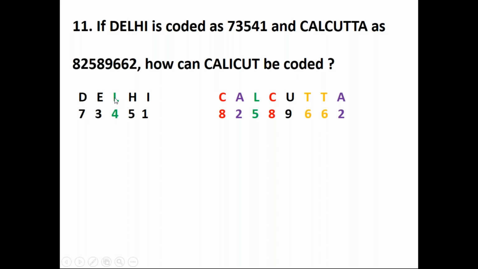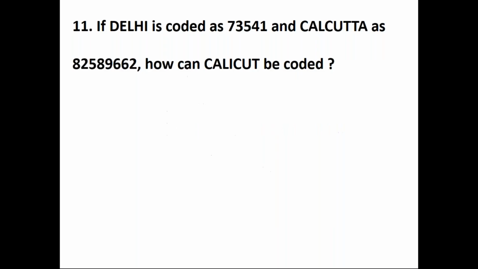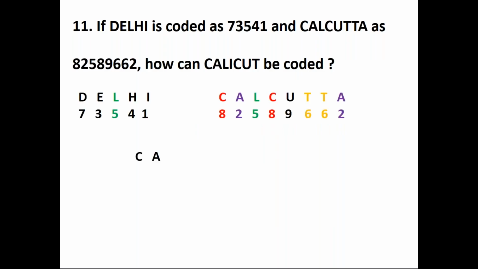L is the common. So L4, third place, third digit, L5. Okay, L5 and L5, and coming to C, 8, C8, A2, A2.